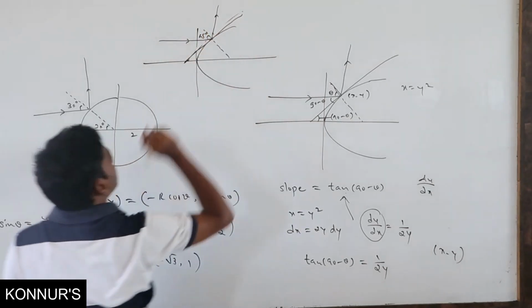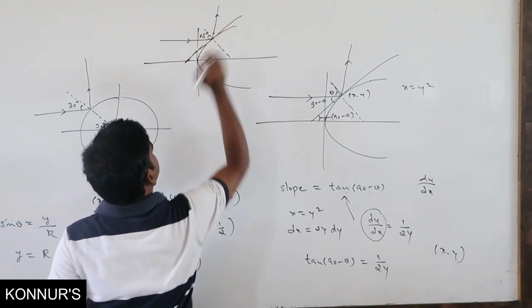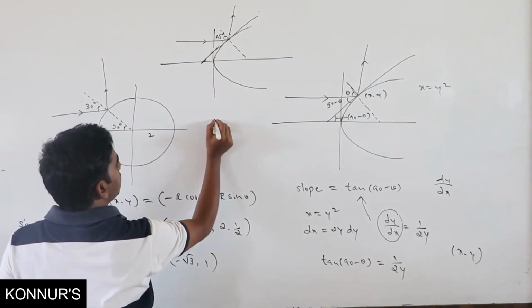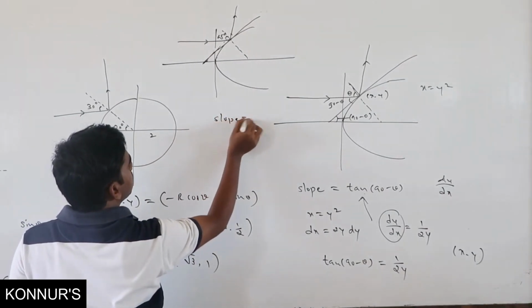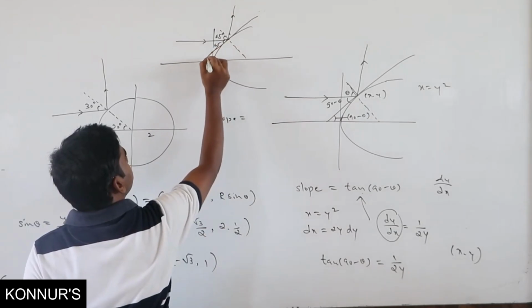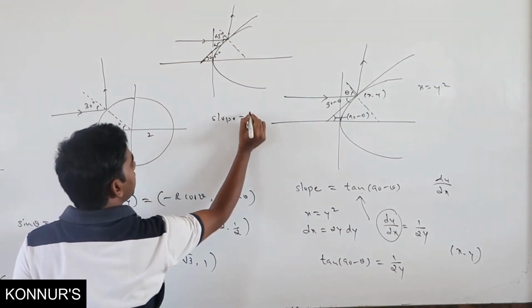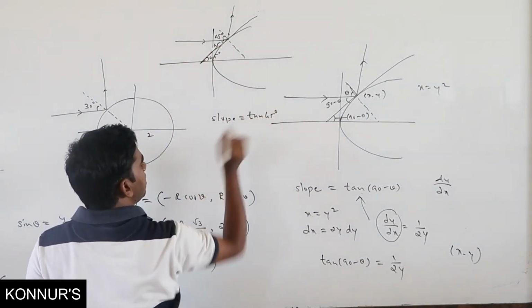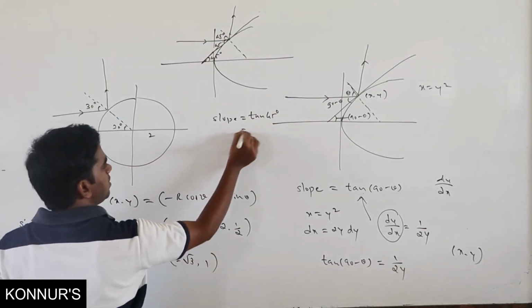So what you can write? If this is 45, this is also 45, so here also it is going to be 45. So tan 45 is going to be your slope. So slope is equal to what?